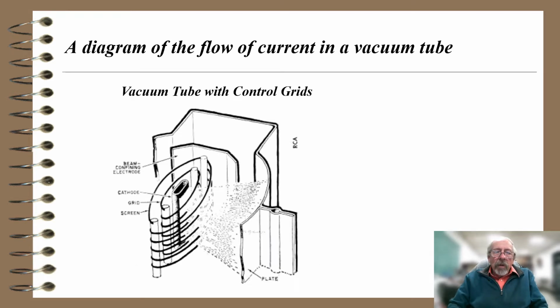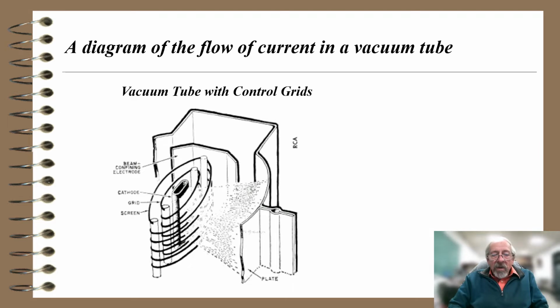By the same token, what happened? This happened back over 100 years ago. People experimenting with vacuum tubes put some additional elements, which are called control grids at this point, into the vacuum tube. You might notice that the cathode is there in the center, and there's a flow of electrons off of it, but you see a grid, which is a wire filament that's wrapped around the cathode, and another grid, called the screen, another wire that's wrapped around that.